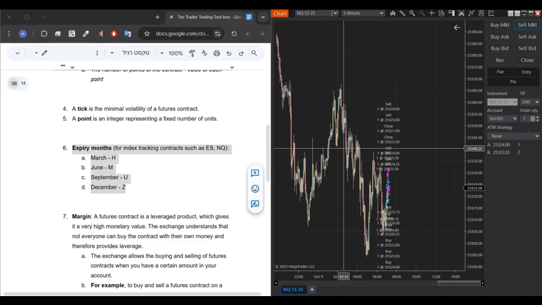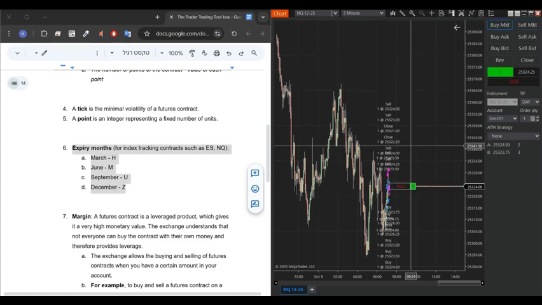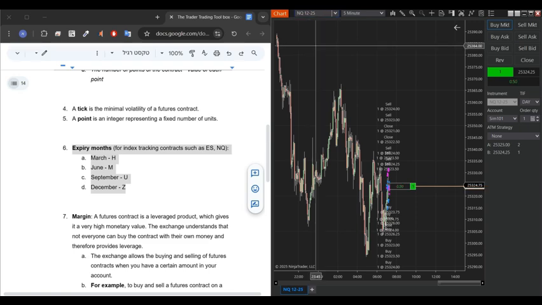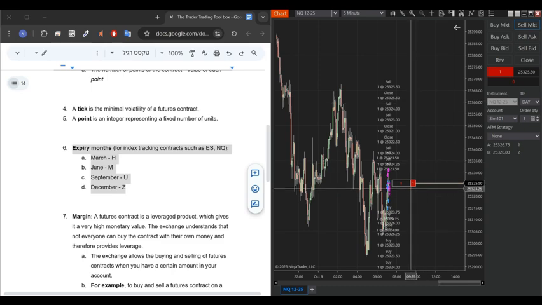And theoretically, if right now I buy a futures contract and I patiently wait until the expiration date of the contract, I am supposed to fulfill my obligation. And what is my obligation? If I bought a futures contract, I am supposed to buy the underlying asset. And if I sold a futures contract, I'm supposed to sell the underlying asset.